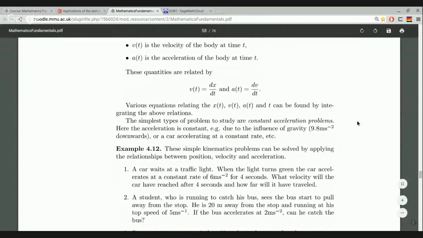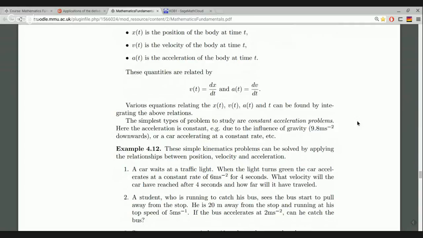Now, you've probably seen before, there is a collection of equations relating x, v, and a, and their initial values at time t equals 0. These are sometimes called the SUVAT equations, after the variables used.